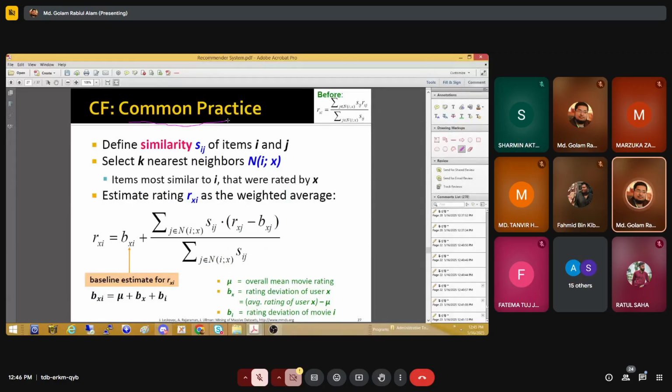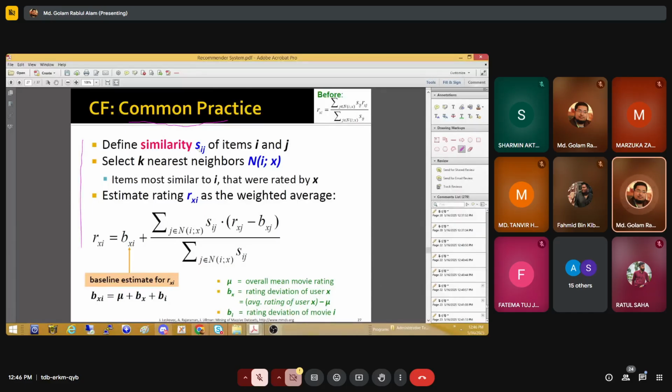That means we can combine content based recommendation plus collaborative filtering based recommendation to find the rating. One of the hybrid approaches is this one.